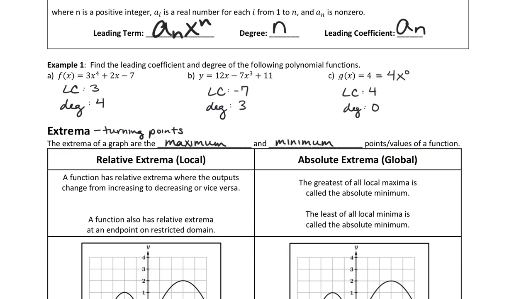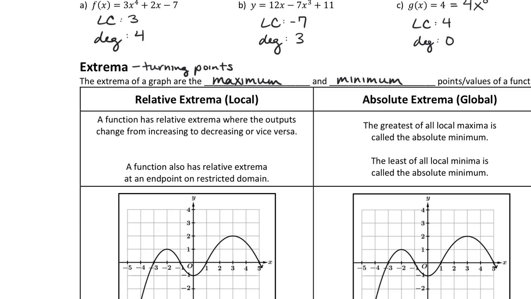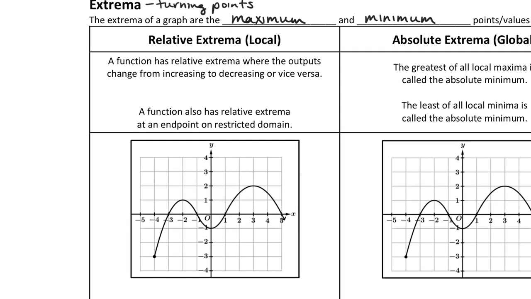Okay, now we have 2 types of extrema, and we need to make sure we understand the difference between them. When I'm talking about a relative extrema, that's our first vocabulary, the word relative or local, you might see the word local there, is like any mountain or valley. Anytime the outputs change from increasing to decreasing, meaning our slope goes from positive to negative, rate of change, slope, that is when we're going to have a relative extrema or a local extrema.